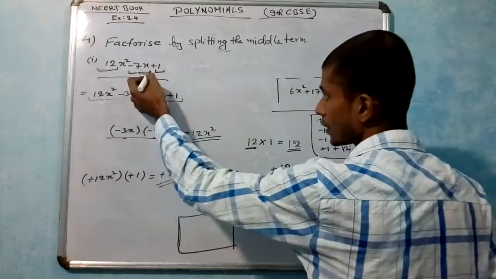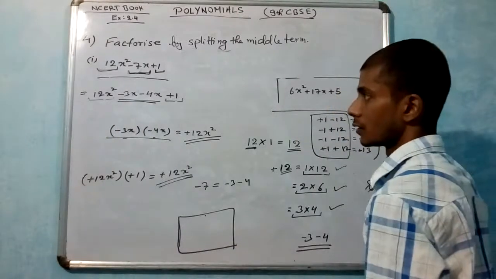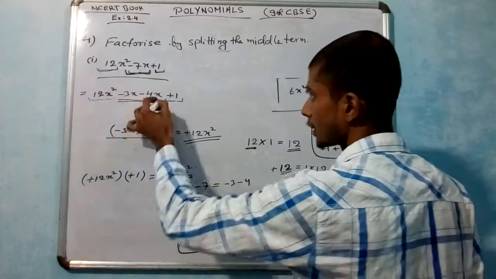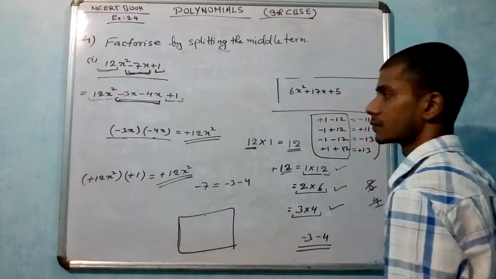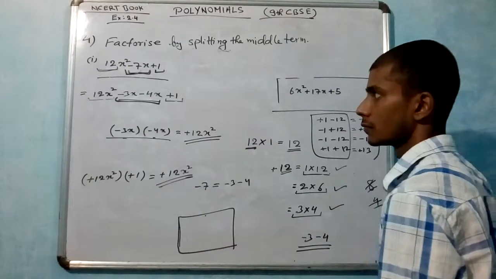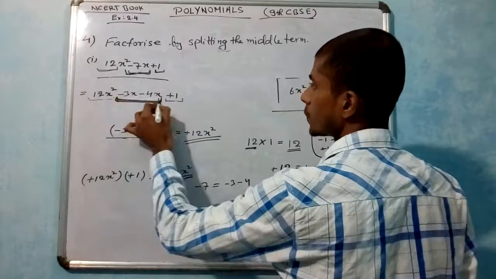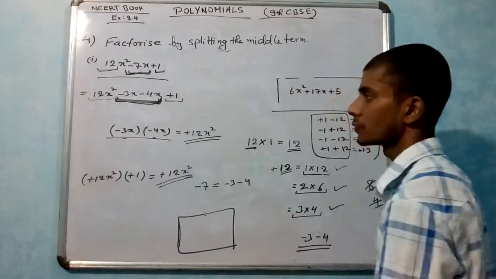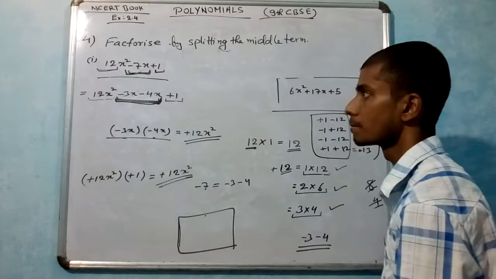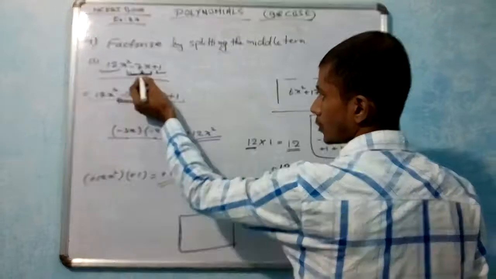Now again tell me, the middle term must be split in two terms. Repeat the statement and complete the statement. The middle term must be split in two terms such that what? The addition or subtraction of these two split terms must be equal to the middle term.